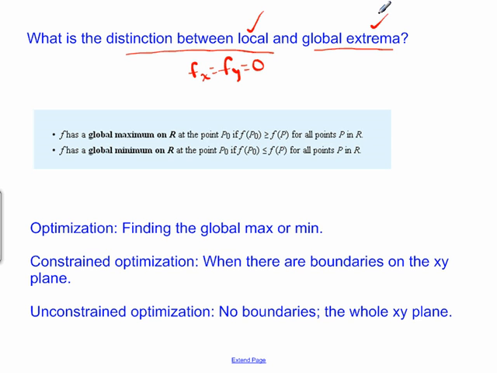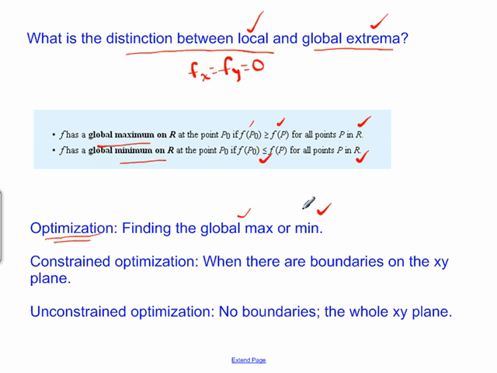Whereas the definition for a global maximum is that there is some point that is bigger than all other points in a given region. And that will either happen at a local max value or at an endpoint. And the global minimum says that there's some point that's smaller than all other points on some given region. So in these optimization problems, the task is to find the global max or min.